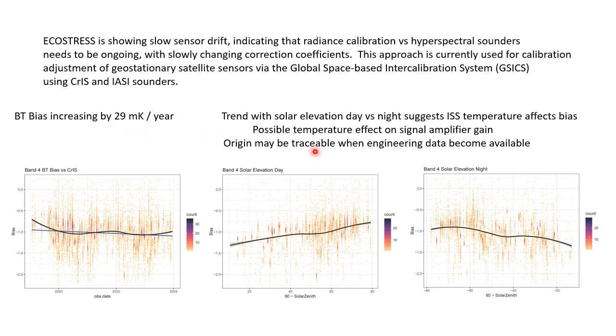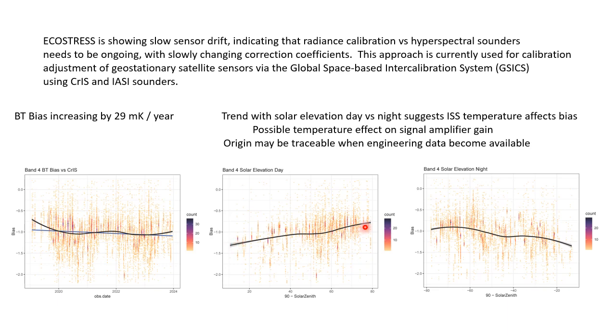We also see a trend with solar elevation, both in day and night. So solar elevation is on this axis, solar elevation below the horizon on this axis, and we see a trend that at high solar elevations during the daytime, the bias gets to be as low as -0.75 Kelvin, and when the sun is at the horizon, the bias is down at about -1.25.